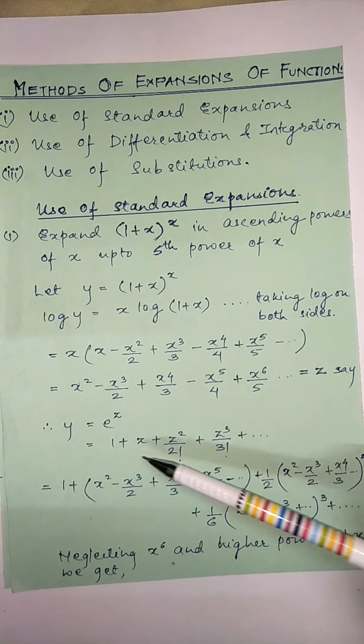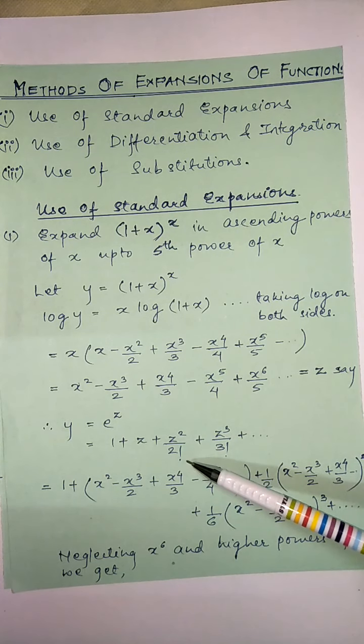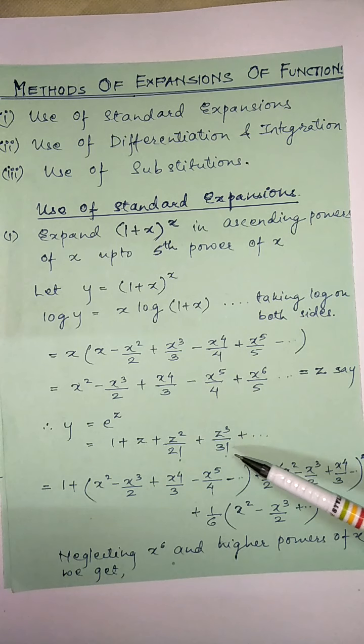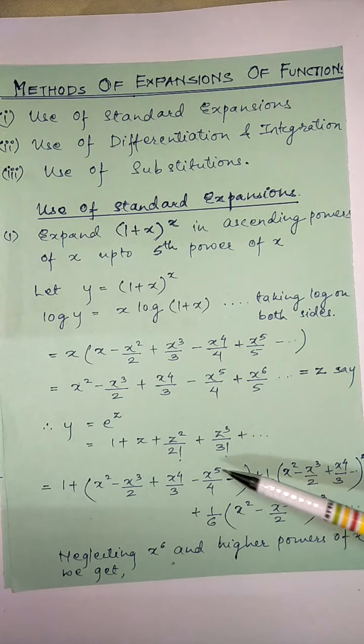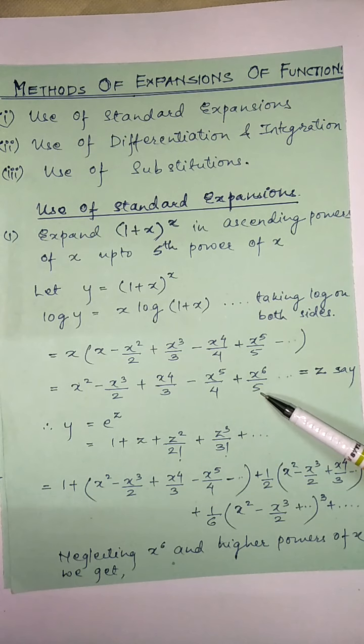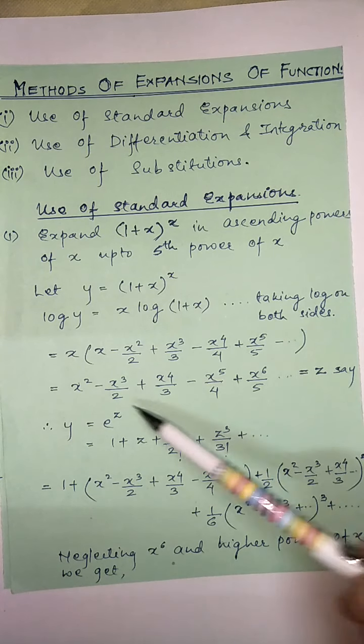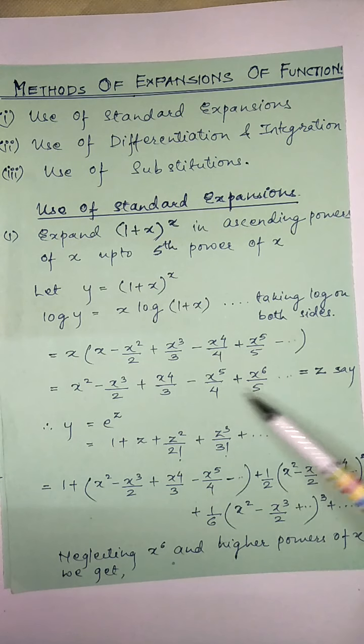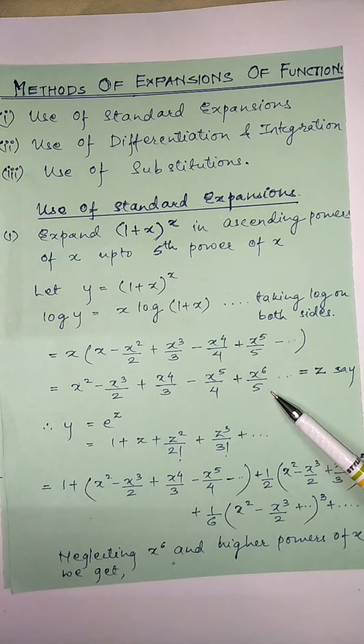So it is 1 plus z plus z square upon 2 factorial plus z cube upon 3 factorial plus so on. It will continue. And now in the next step, for this z, we will substitute in terms of x, because for this whole term we have taken it as z.